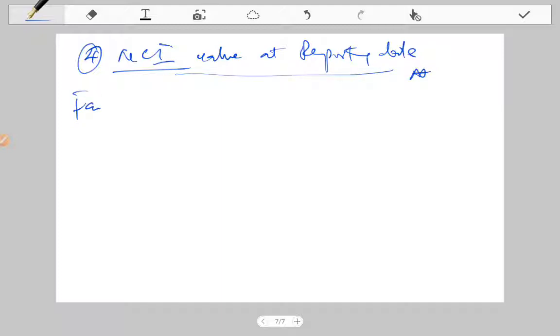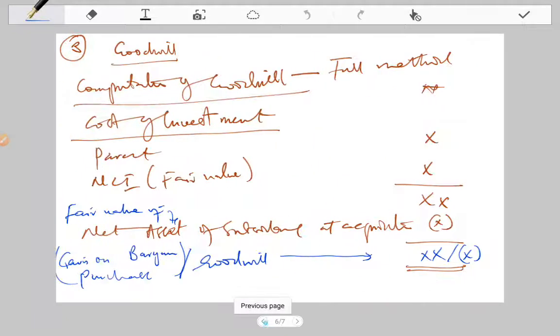The first element we need there is the fair value of consideration. Usually, these amounts would have been computed while we were getting the goodwill, so that's the same value.